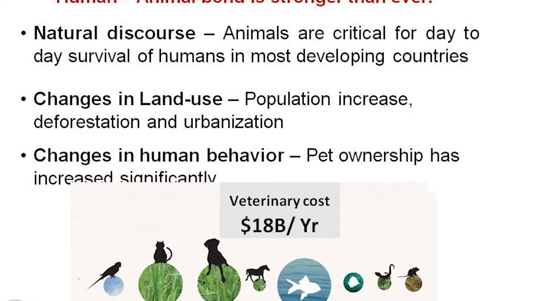When we see the emergence of zoonotic diseases, there are different reasons. There are natural causes, changes in land use, and changes in human behavior. So the interaction between animals and humans is increasing for different reasons.